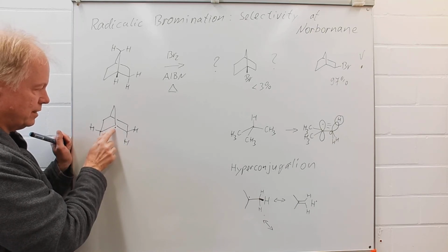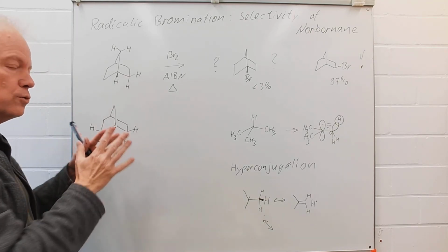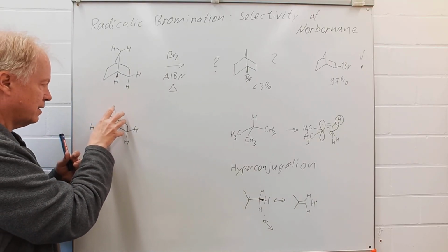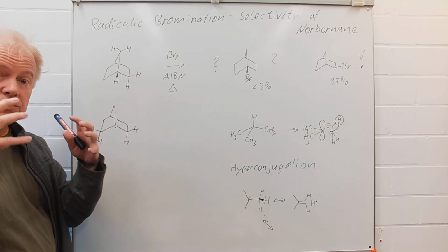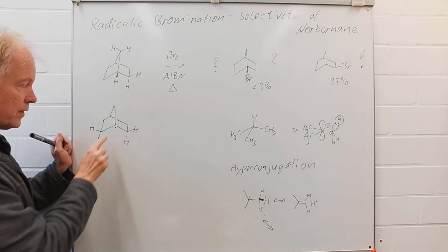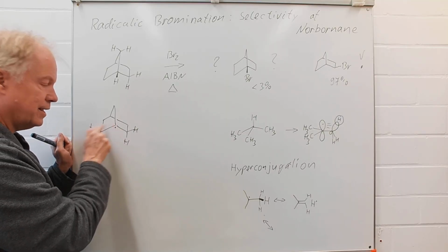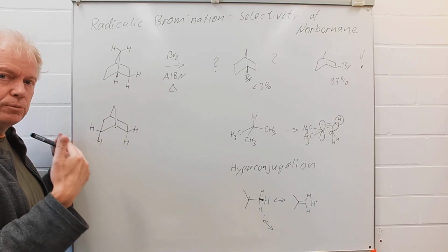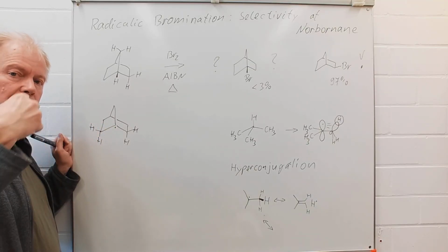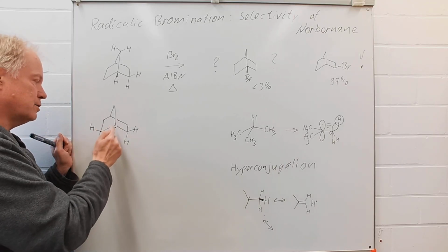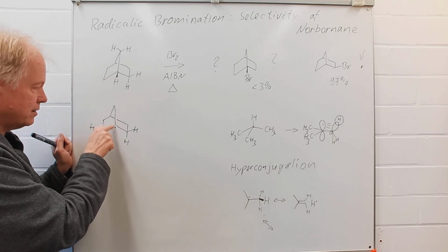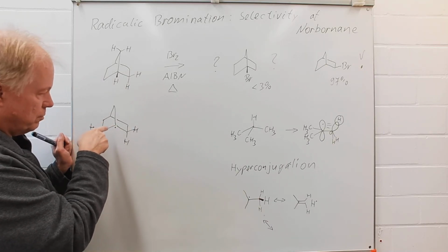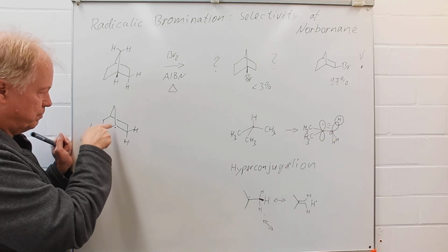If we have a radical center here, there is no release of steric strain, since that system is rather rigid and no planarization can take place here. There is no change, or almost no change, from sp3 to sp2 hybridization.